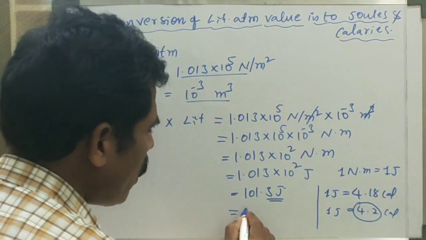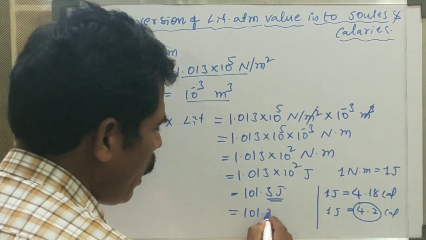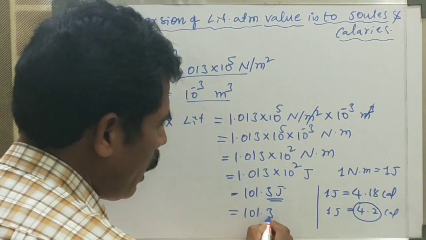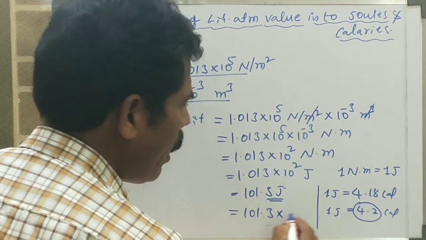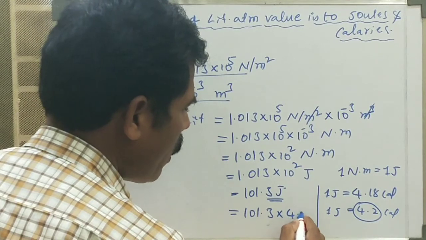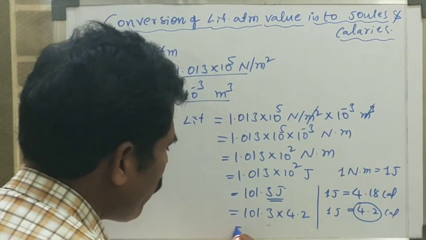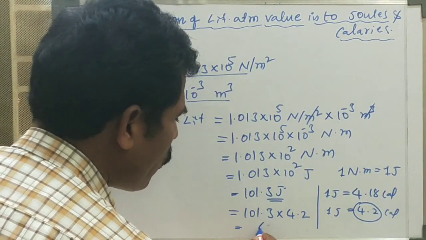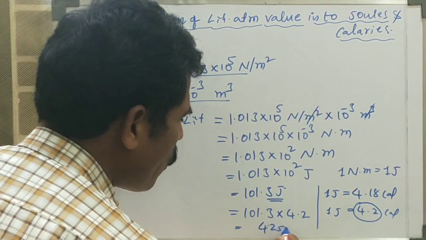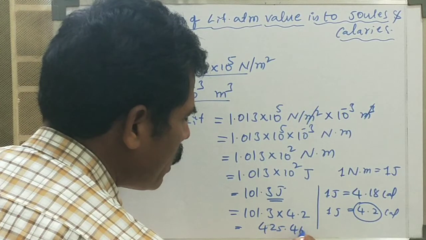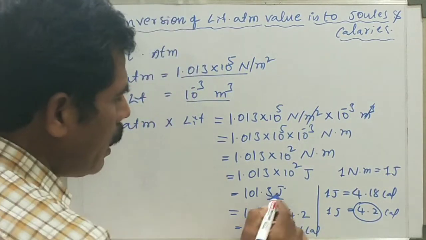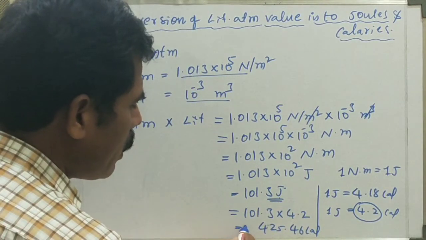So 101.3 into 4.2, finally how much will you get? The final value is 425.46 calories. This is joule, this is calories.